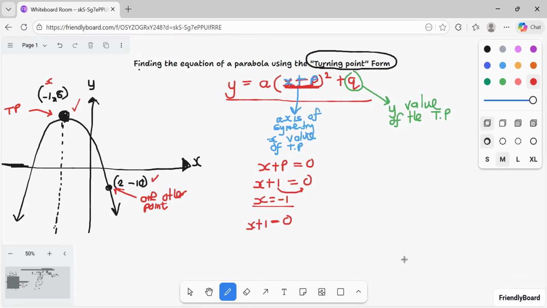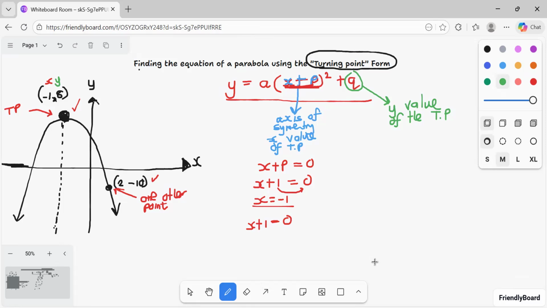All right, so now let's look at the value of q. My value of q is 8 because the y value of the turning point there is 8. So here you can see that the y value of the turning point is 8, and that 8 happens to be my q.